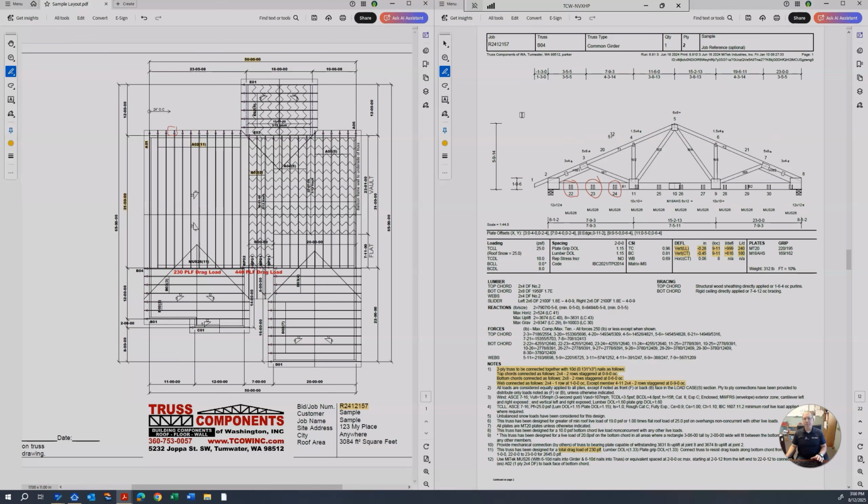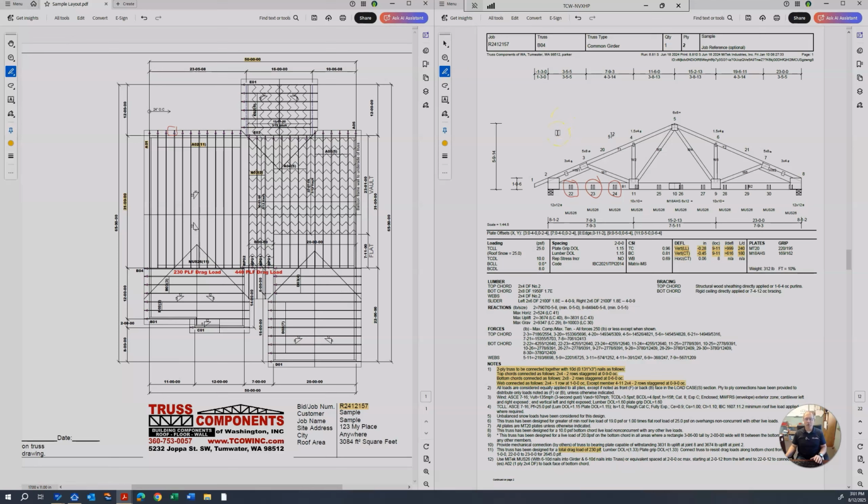So this was pretty much just a surface level review of how to read a truss drawing. Important things are to be able to recognize which truss you're looking at, verify that it goes with the job that you're working on, and then check things like the dimensions on the truss, which are laid out in feet, inches, and sixteenths, to make sure that the truss is going to fit the building.